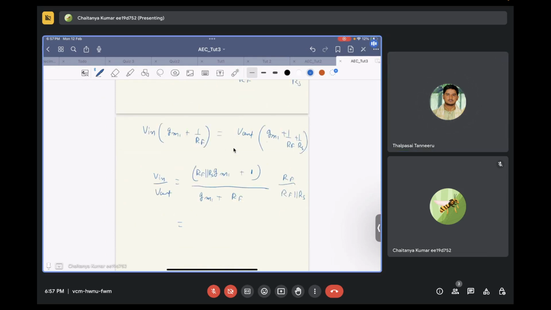So if we try to simplify it a little bit, we get RF RS upon, let it be RF parallel RS over here.